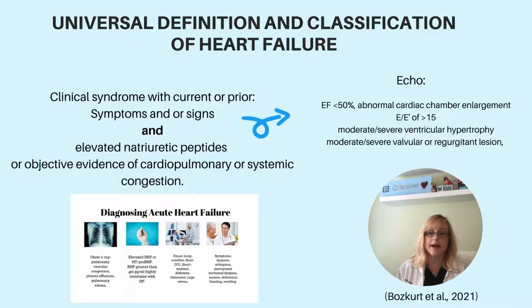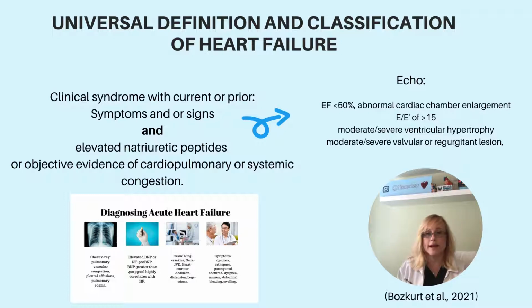Now on the slide, I point out on the echo findings what you would see that would determine functional or structural abnormalities. In addition to that, you also have to have either elevated natriuretic peptides or objective evidence of cardiopulmonary or systemic congestion.